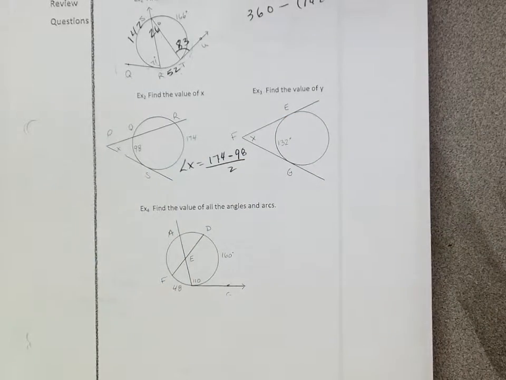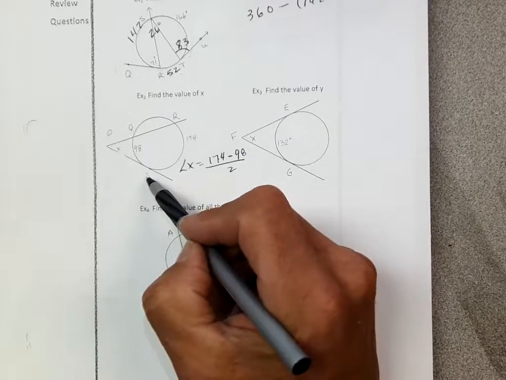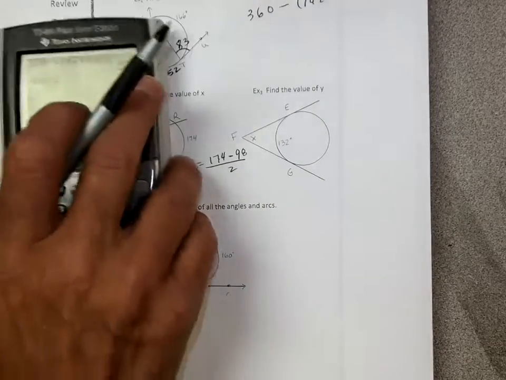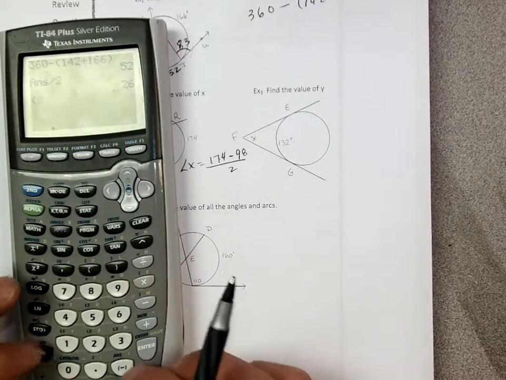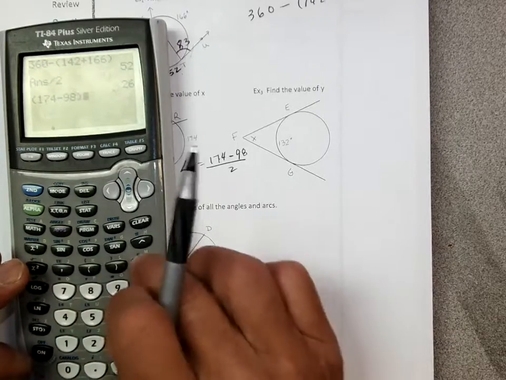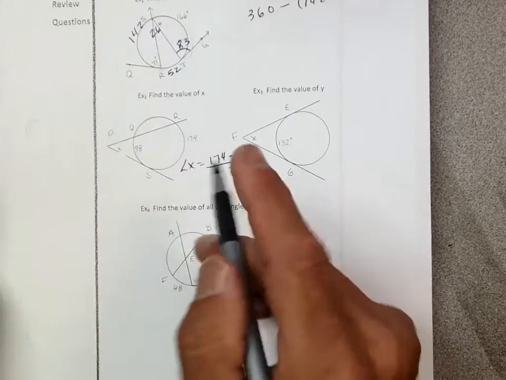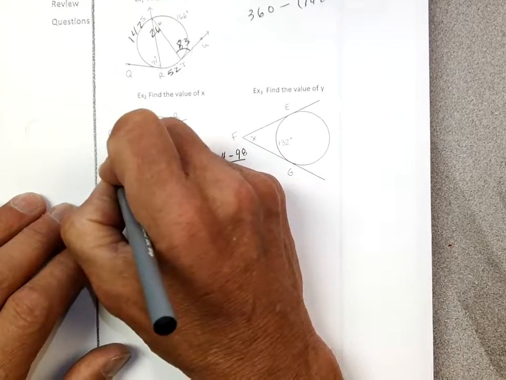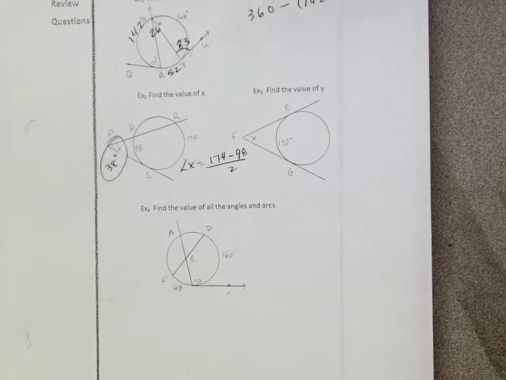If I use my calculator, 174 subtract 98, divided by 2, and I get 38 degrees for angle x. It's pretty easy.